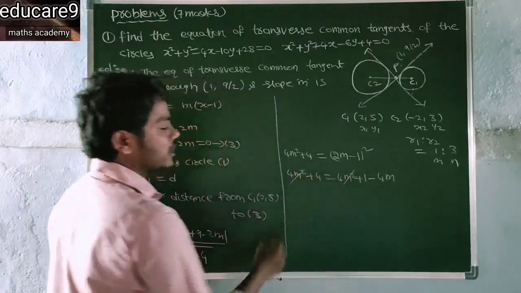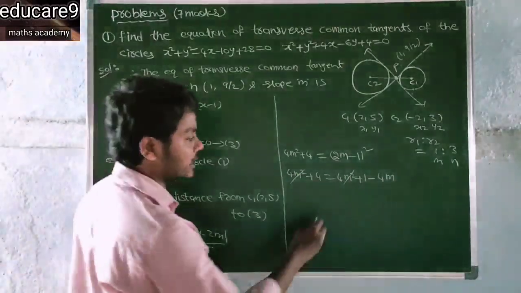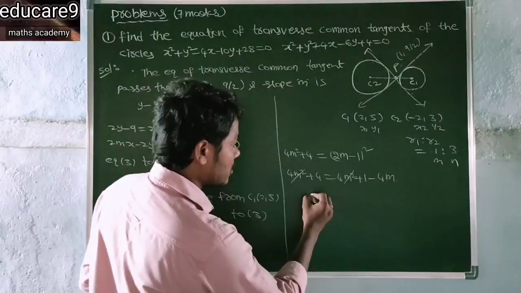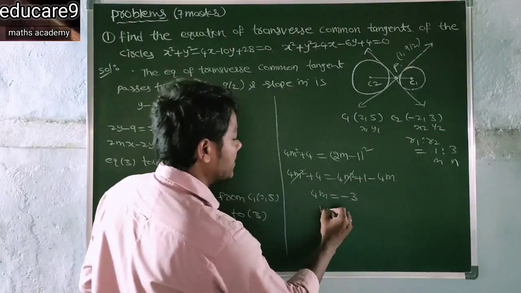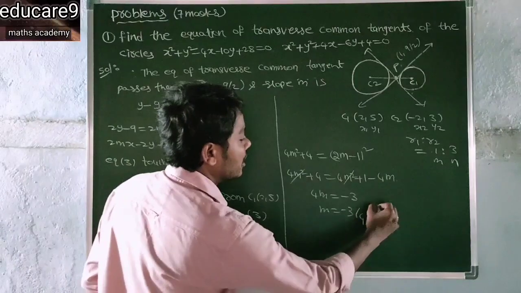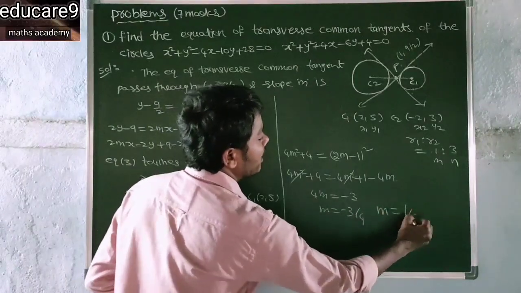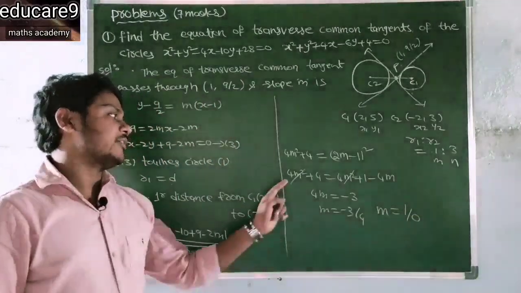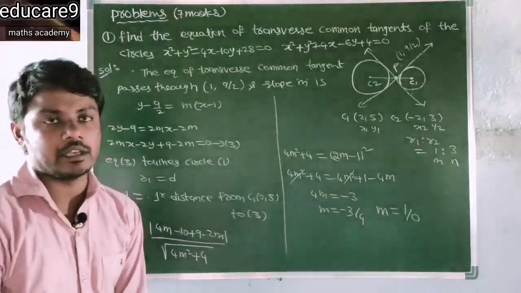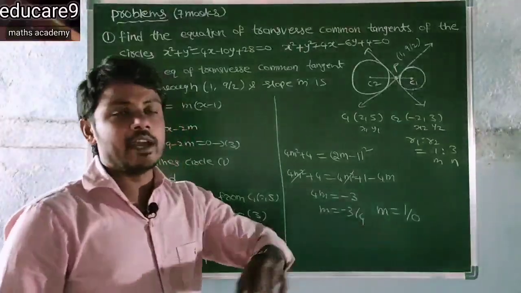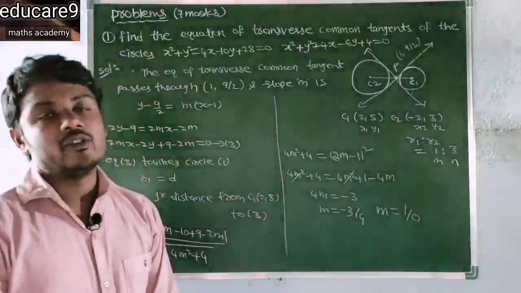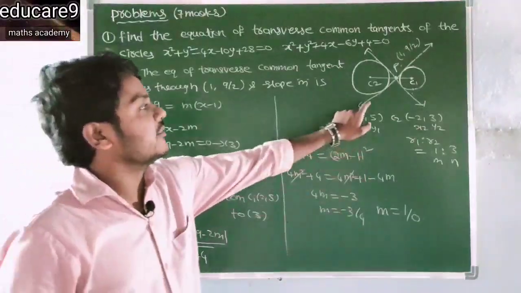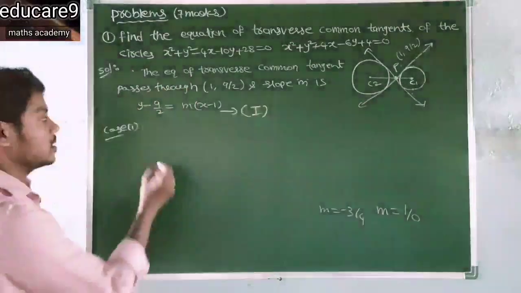So 4m square and 4m square get cancelled. Now this is 4m equals minus 3, m is equal to minus 3 by 4. And another one, m is equal to 1 by 0. Because here the m square term got cancelled, that's why one m value is 1 by 0. So using these two slopes, you can find the equation of the transverse common tangents.